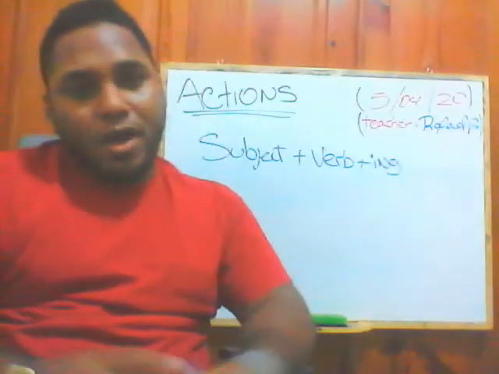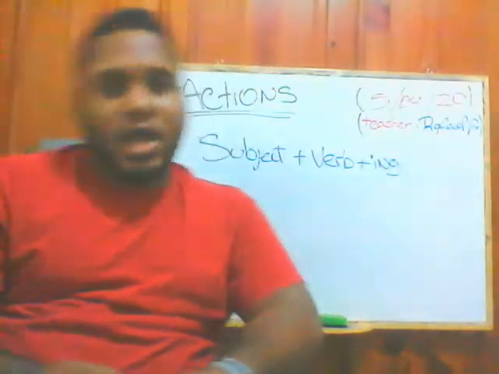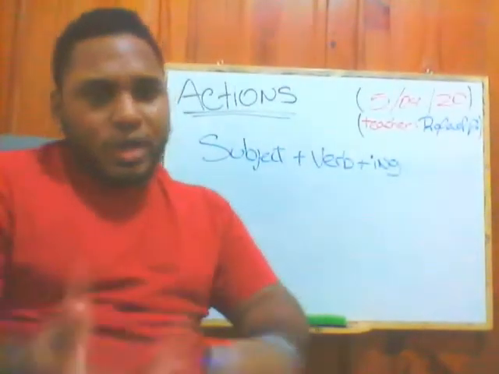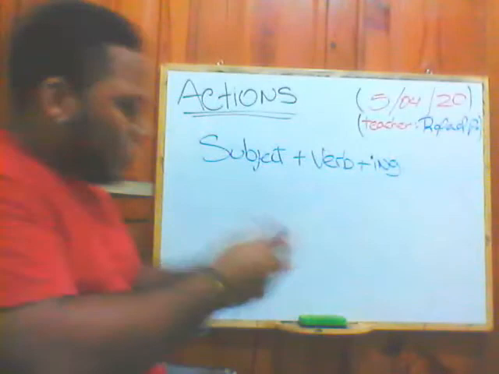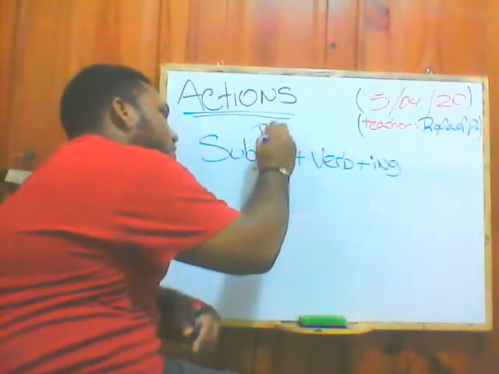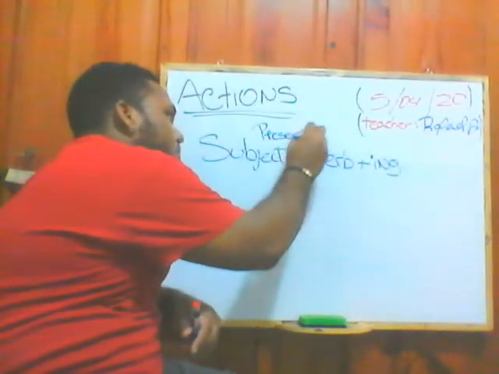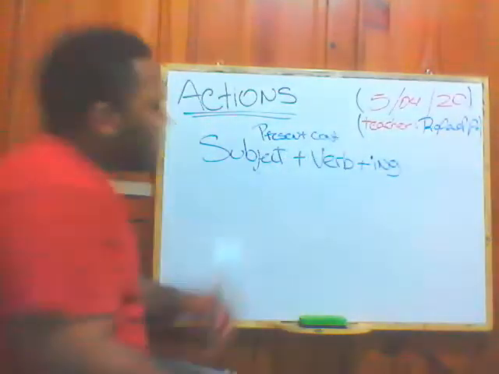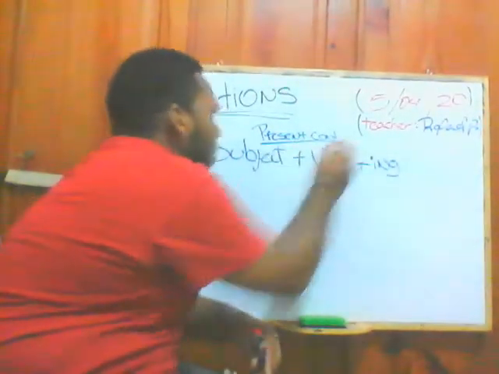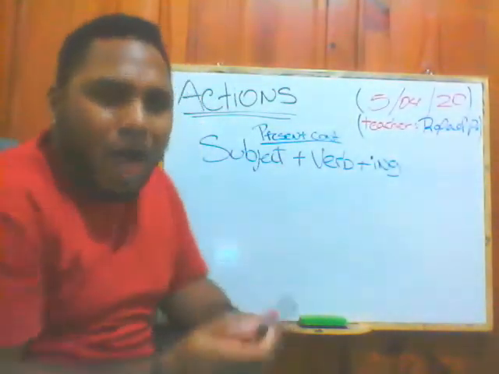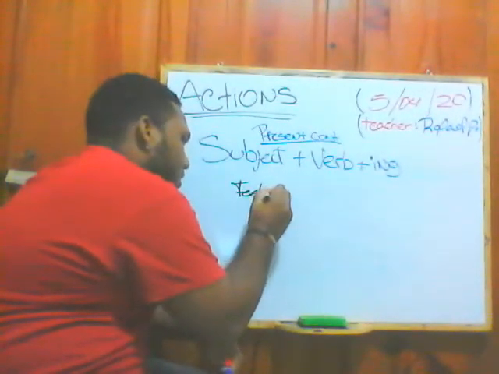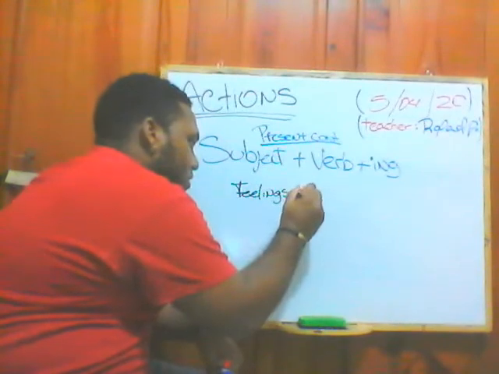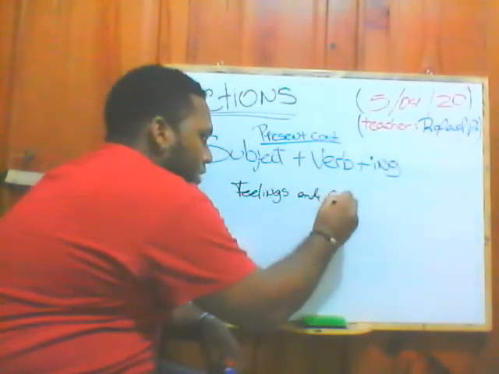So now let's talk about feelings and actions. As I was mentioning before, we just talked about the present continuous. So also let's talk about the gestures. So how about feelings and gestures?